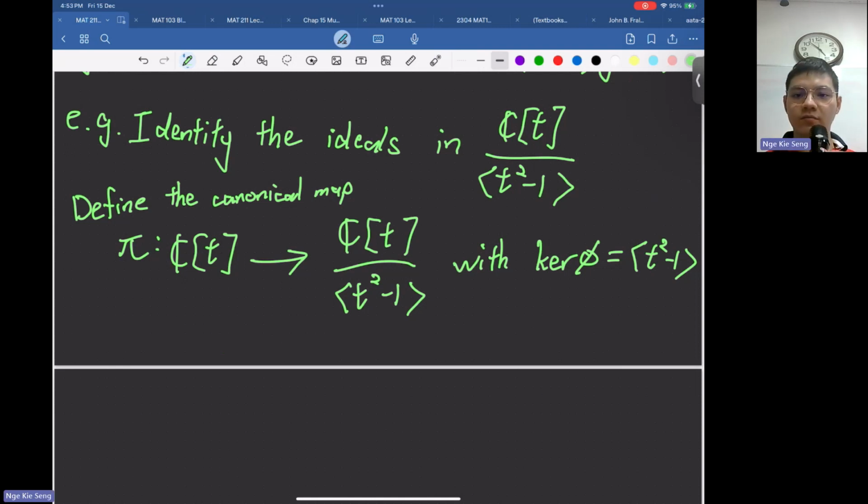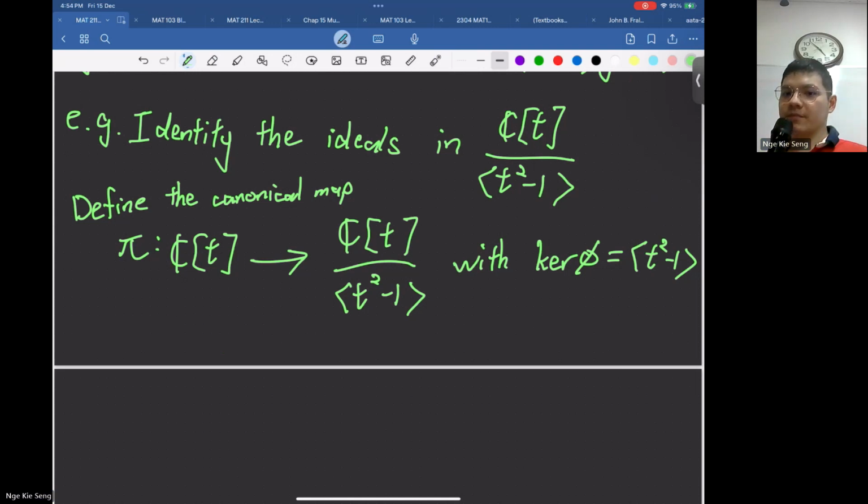All right. So under this map here, how do we study the ideals? Which side do we know better? The right side, right? Because this is again the polynomial ring over a field, so all the ideals there are principal.